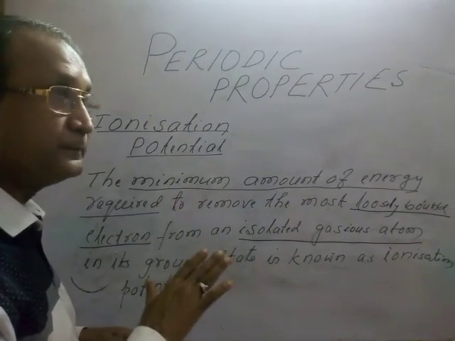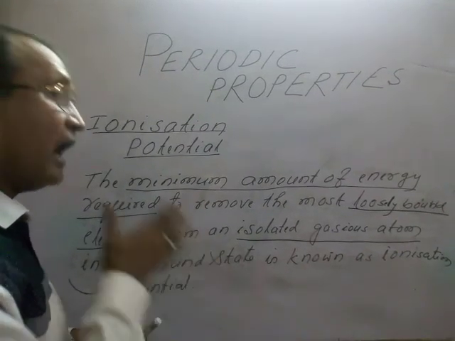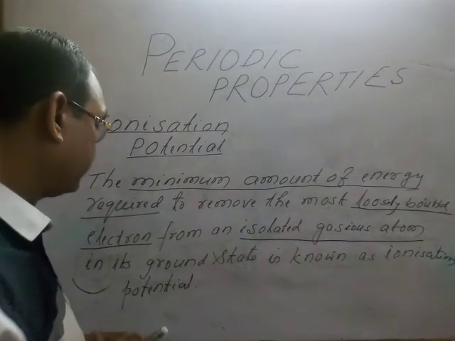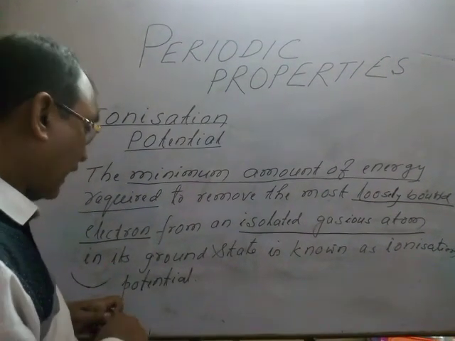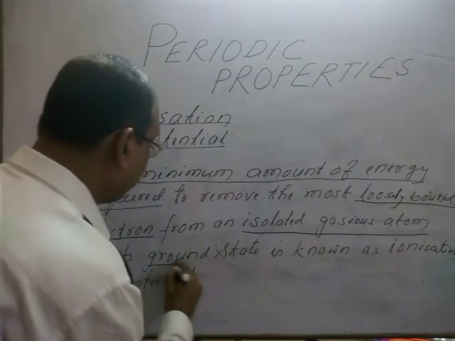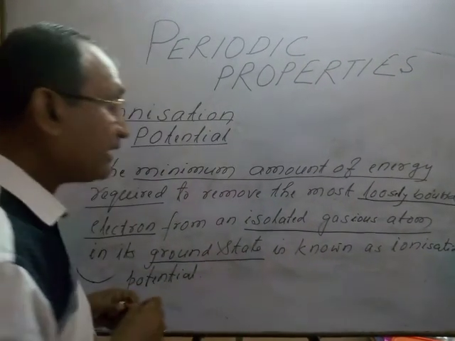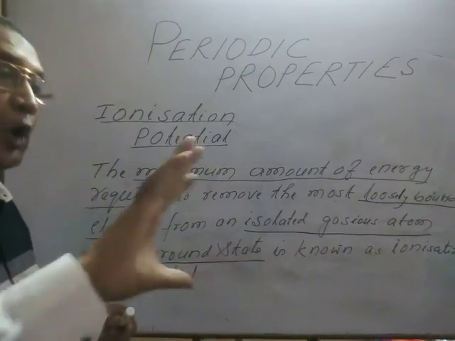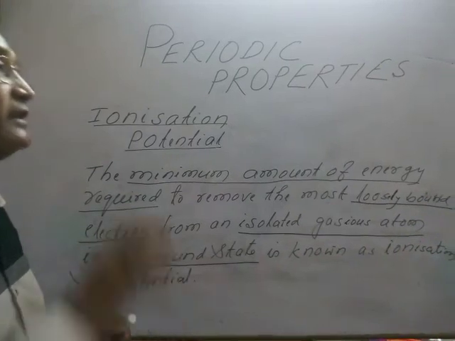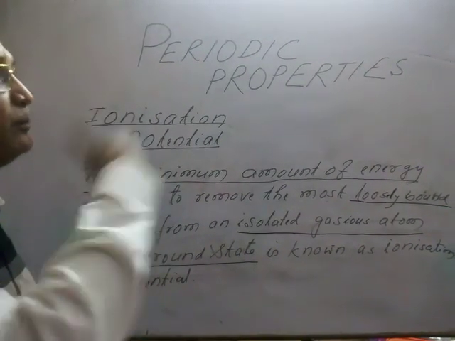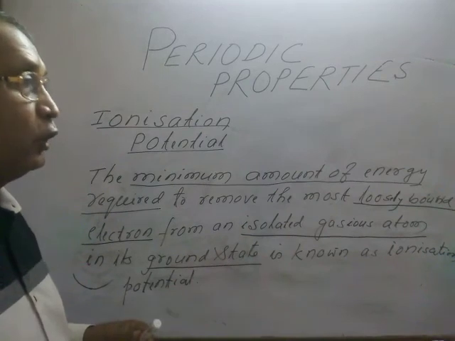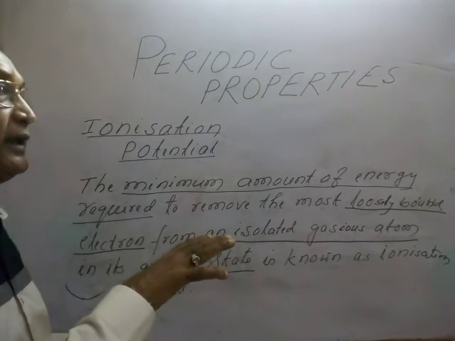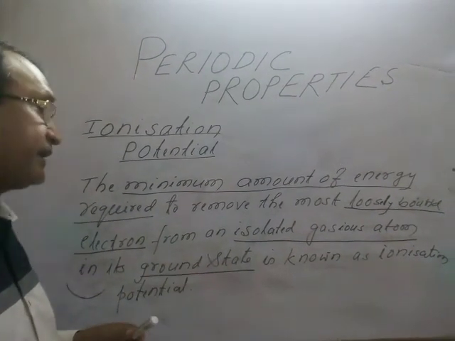This is very important. And the fourth point is the ground state, the unenergized state. If we consider an atom that is already in an energized state, we are unable to calculate the actual energy required to remove the outermost cell electron. So the atom should be in the unenergized state, that is, the ground state.